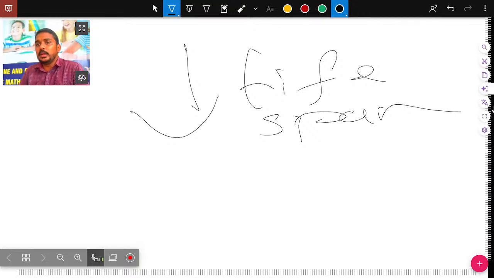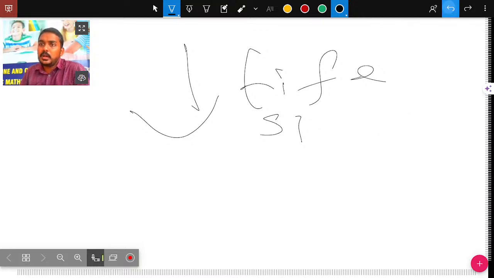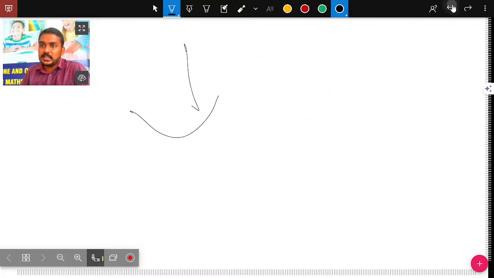So here you can see that the clinical presentation or clinical features of this hemolytic anemia is determined by certain factors. What are the factors? Let's count them.